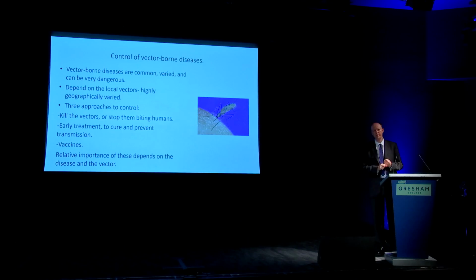So in summary, we have a bunch of very important diseases, and the control of vector-borne diseases, which are common, varied, and can be very dangerous, relies on really three pillars, and the ratio of them depends on which disease you're talking about. They're very highly concentrated geographically for most of them, and that concentration is to do with where the vector lives, naturally.